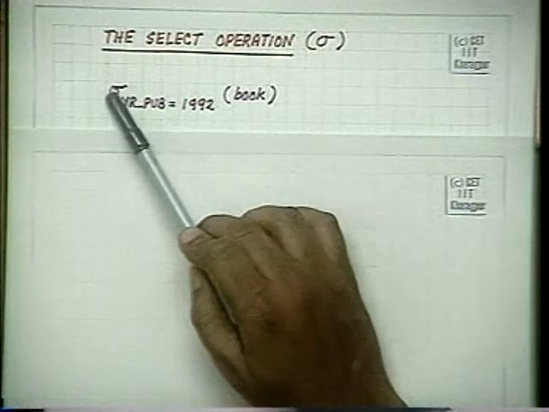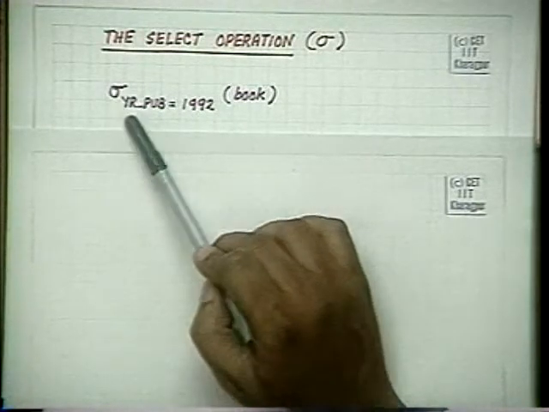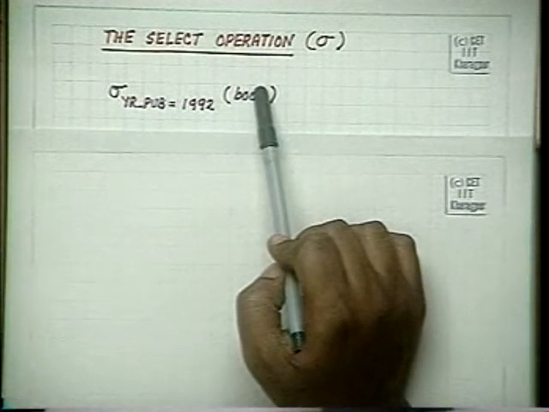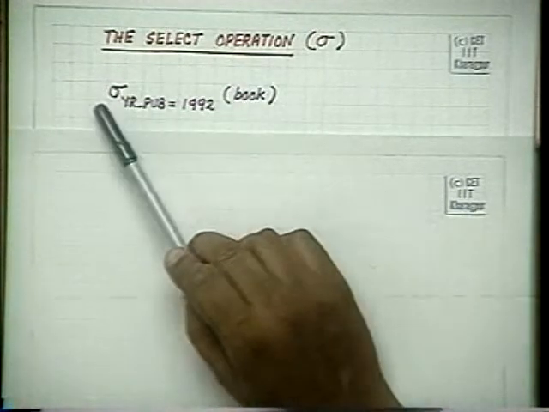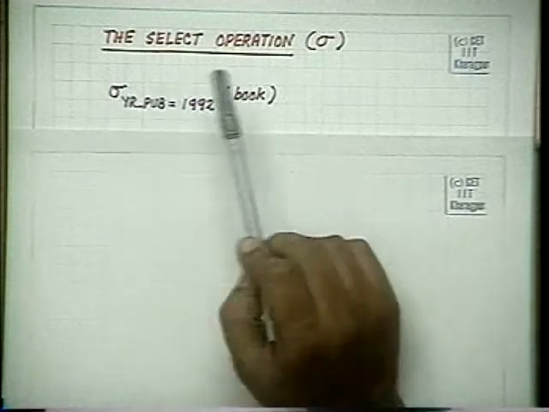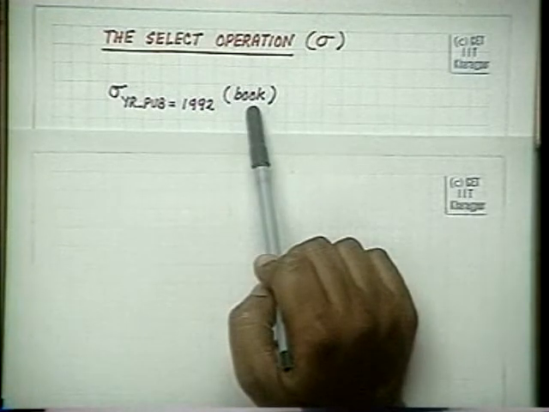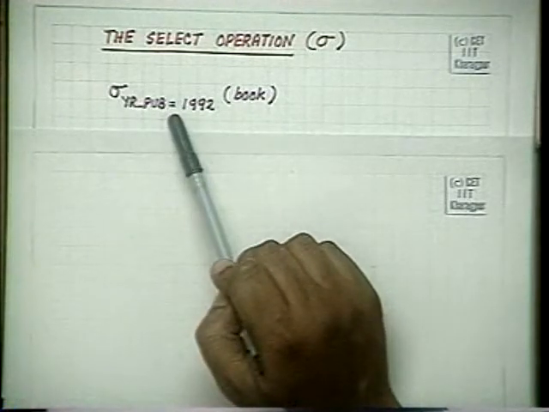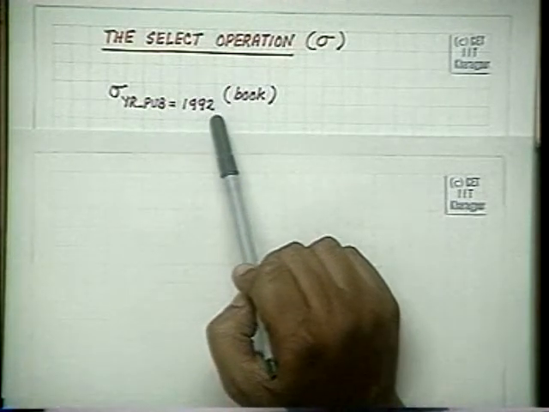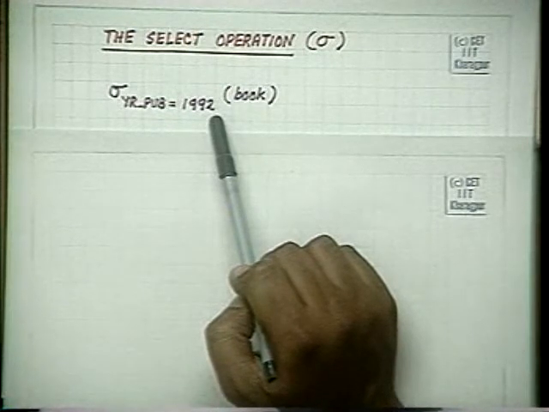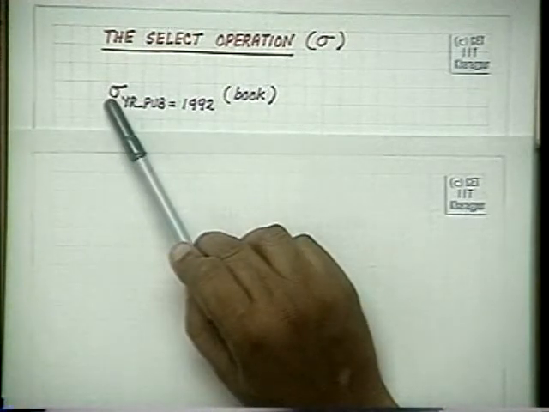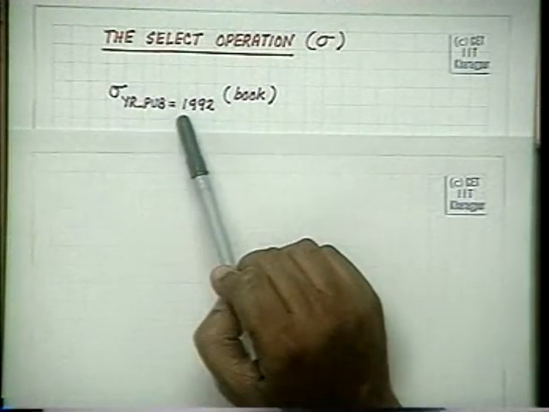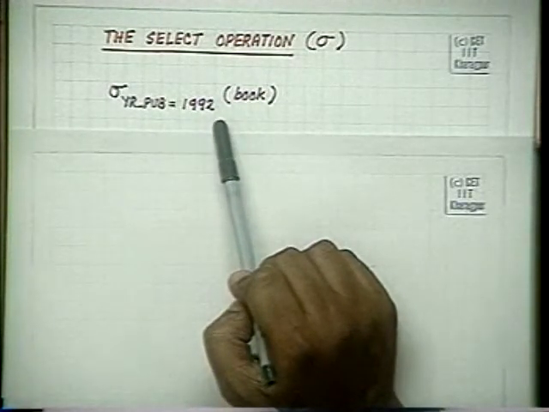So this is sigma year of publication equal to 1992 of book. It says select from the relation book all the books whose attribute year of publication is equal to 1992. That is, select all the books whose year of publication is 1992.